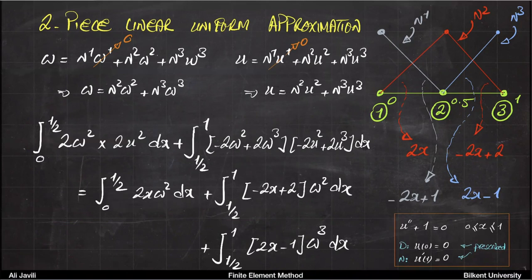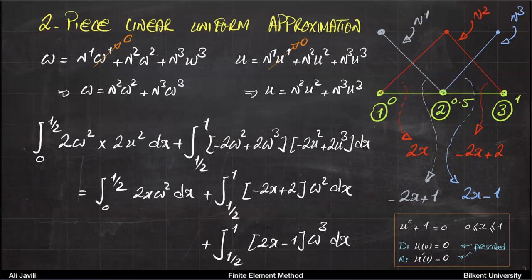All you need to do now at this step is to solve it. And the next step is pretty straightforward. So solving it is just to do these integrations, and they are super simple, as you can see. So here you have 2w2u2, everything is constant, everything goes out.